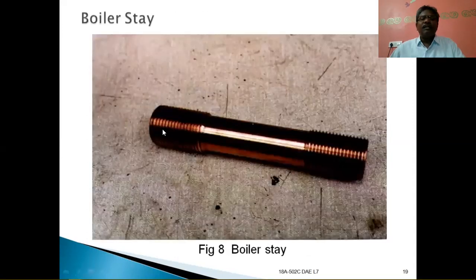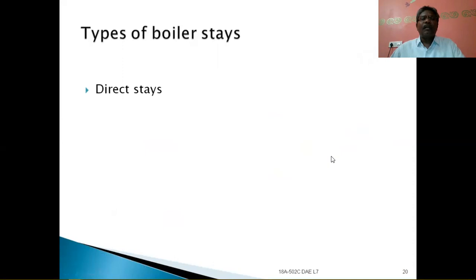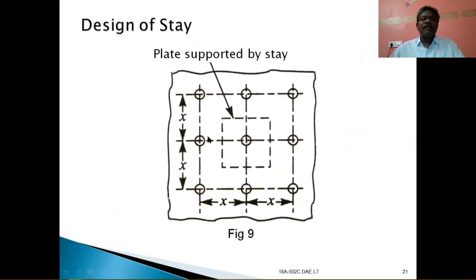And this is the simple boiler stay, which is threaded at two ends. In types, we have direct stays, diagonal or gusset stays, and guided stays. And this is the area. This will be the area supported by the boiler stay.